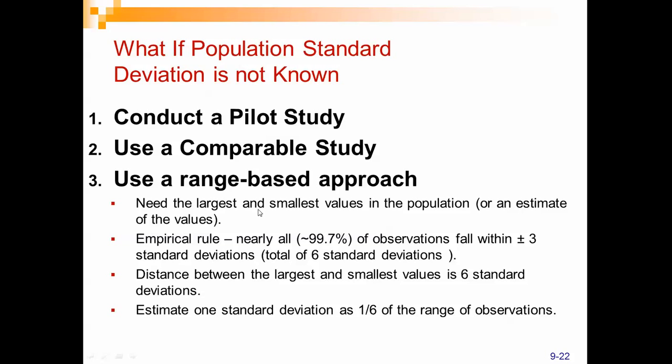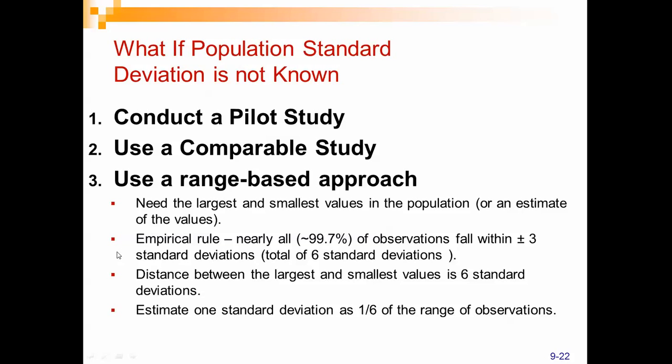In other words, a total of 6 standard deviations. And so we take the distance between the largest and smallest values as 6 standard deviations, so that we say almost everything is in that range. So what we can do is estimate that 1 standard deviation, or S, our sample standard deviation, will be equal to 1/6 of the range of the observations.